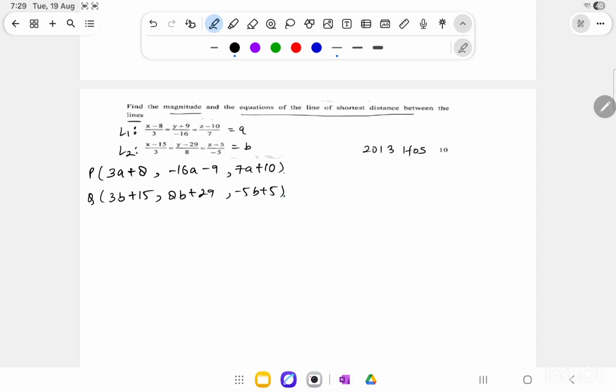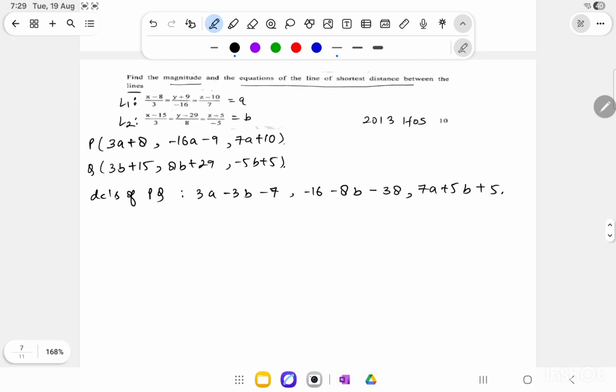Now using this I can find the direction ratios of PQ. So direction ratios of PQ will be 3a minus 3b minus 7, minus 16a minus 8b minus 9 minus 29, that will be minus 38, and 7a plus 5b plus 5. The shortest distance line is perpendicular to both L1 and L2.